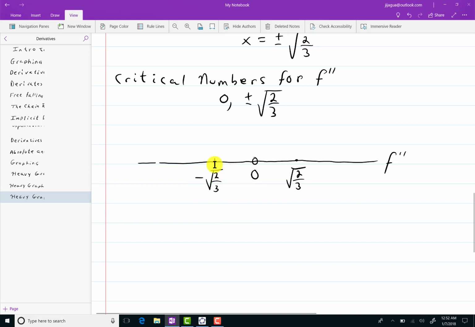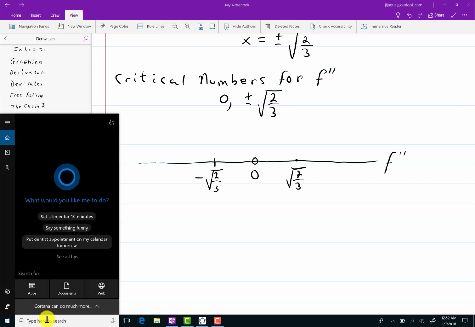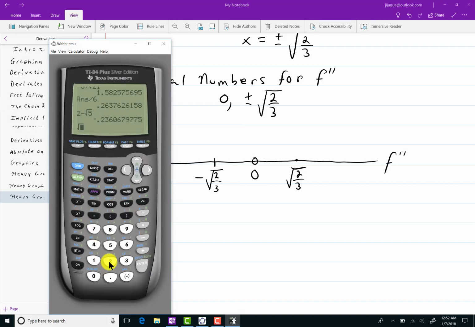Take the square root of 0.67. I don't know that off the top of my head. So I'll go to the calculator just to give me an idea of what this thing is. So I get about 0.8. So this will be negative 0.8, positive 0.8.